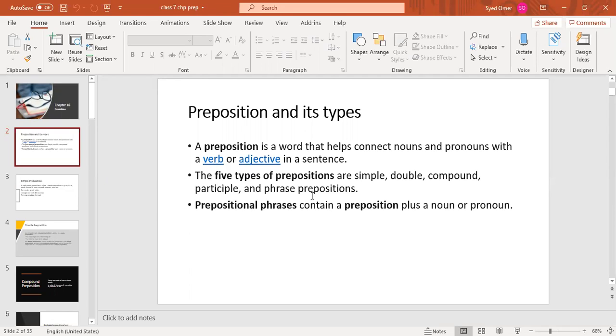Whenever we are using a preposition with some other part of speech, it becomes a prepositional phrase. So a preposition shows relationship between nouns and pronouns, or it connects the nouns and pronouns with verbs and adjectives in a sentence. The 5 main types of prepositions: simple, double, compound, participle, and phrase prepositions.